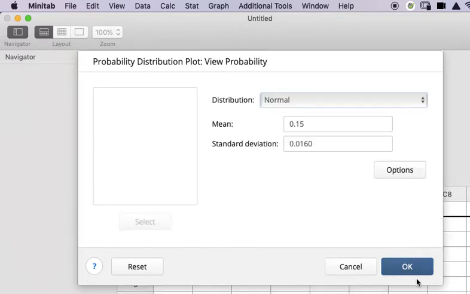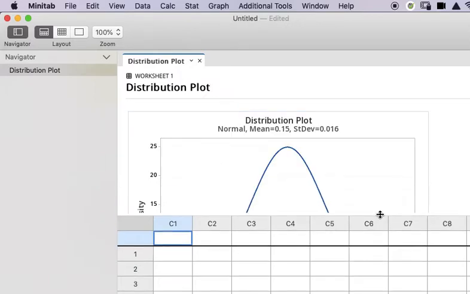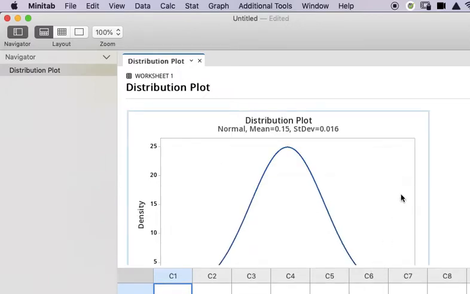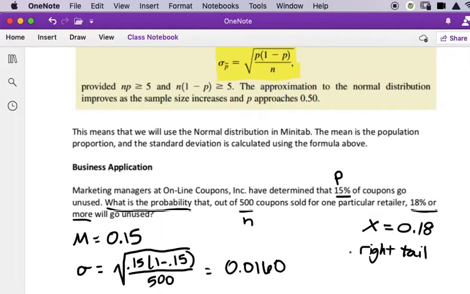Then I click OK. Here's my graph. Check to make sure I entered the correct mean and standard deviation, and I'm looking at the X value and the shaded area correctly. 18% or more has a probability of 0.03040. So I'm going to round that however the homework wants me to round. 4 digits after the decimal point would be 0.0304.